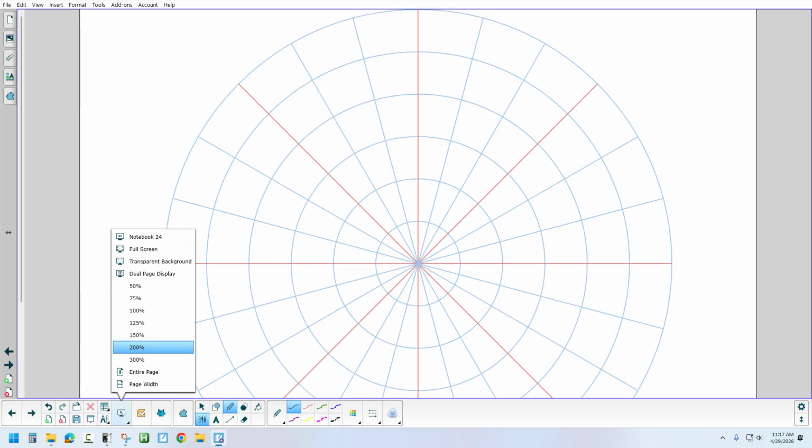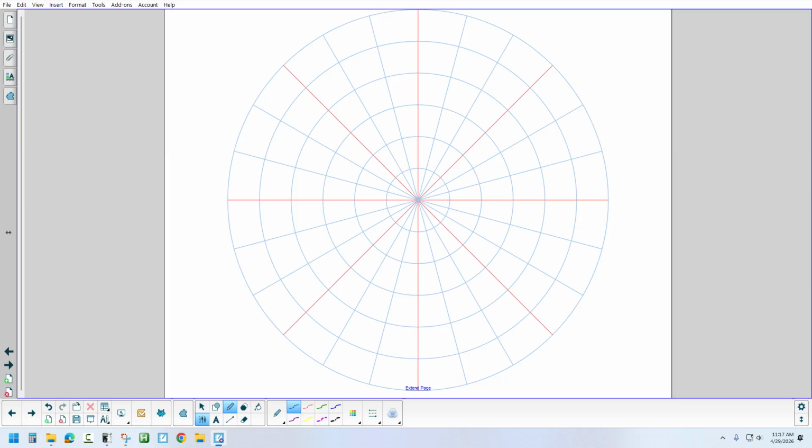So this is what polar graph paper looks like. Instead of being a grid that's rectangular, it has circles. It also only has one axis. There's not 2 axes here. This is your axis, that part right there, and that is called the polar axis, just that section.